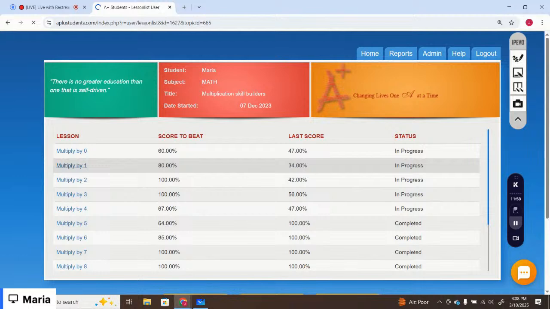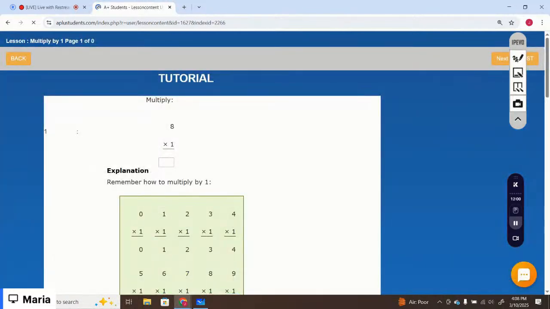The next lesson is multiply by 1. 8 times 1. 8 times 1 is 8.